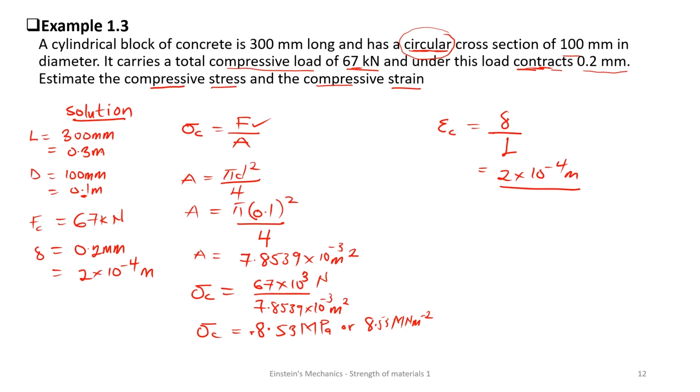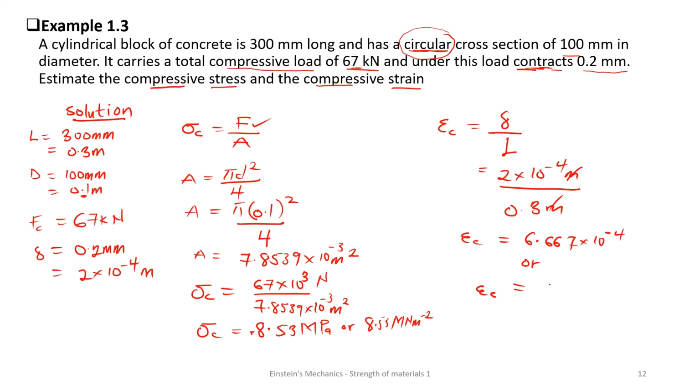The actual length, we got 0.3 meters. So now the compressive strain would be 6.667 times 10 raised to the power -4. Remember, it has no unit. The units will cancel out.